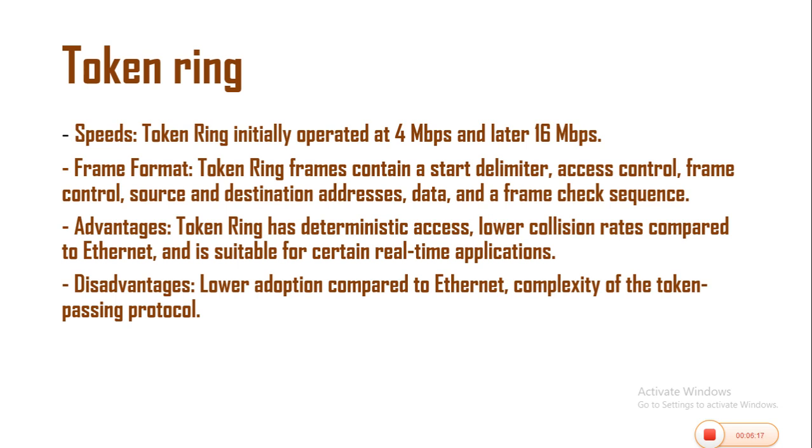Token ring has deterministic access, lower collision rates compared to Ethernet, and is suitable for certain real-time applications. Disadvantages. There's lower adoption compared to Ethernet, and there's complexity of the token passing protocol.